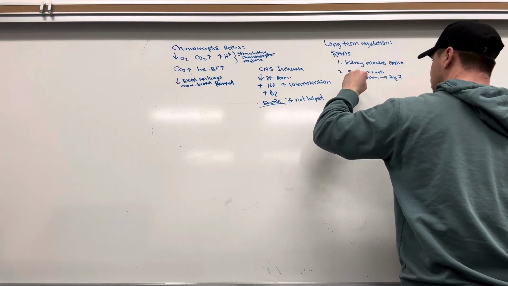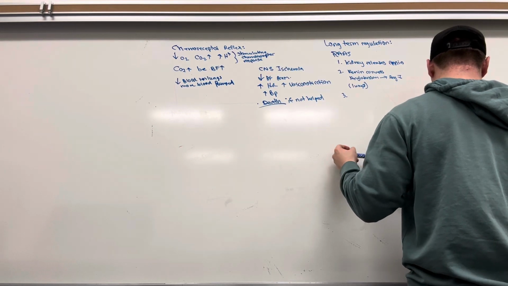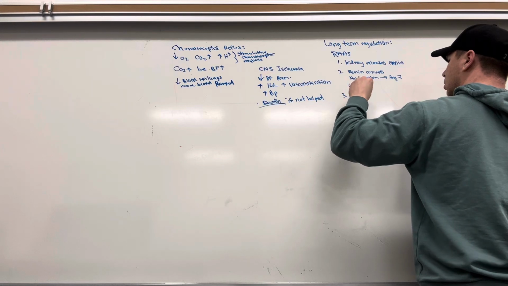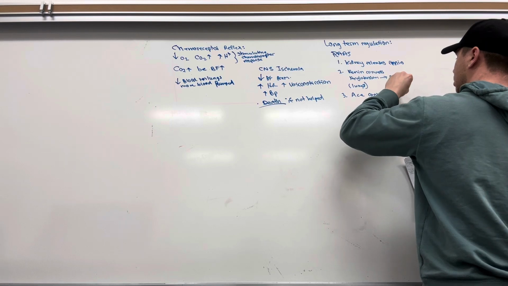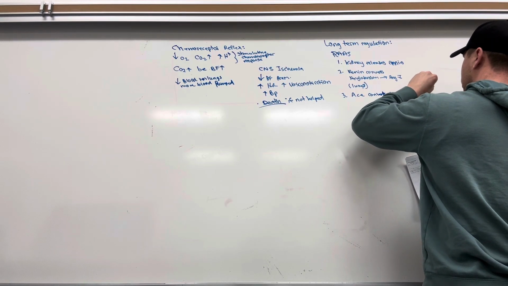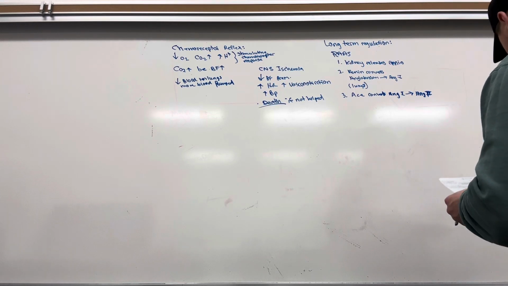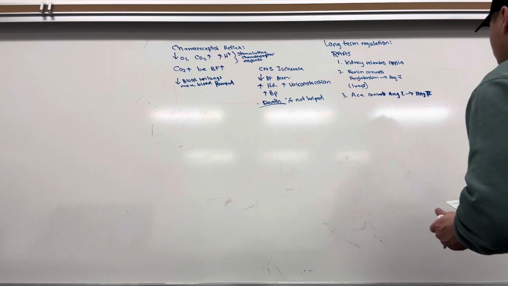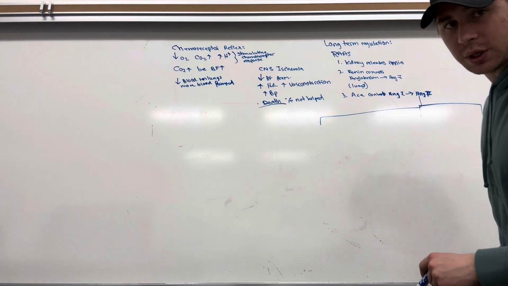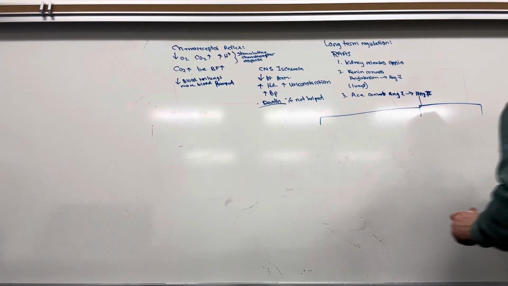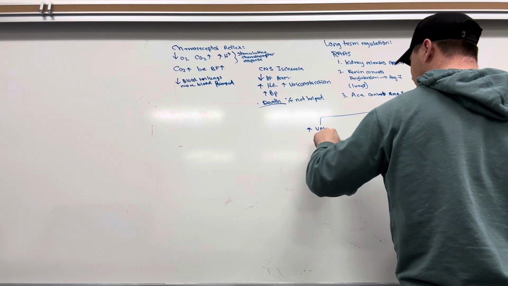And it goes to the lungs. And then ACE converts Ang1 to Ang2. That Ang2 can do some cool things, okay? Which we will explain right now. So, it can increase vasoconstriction.